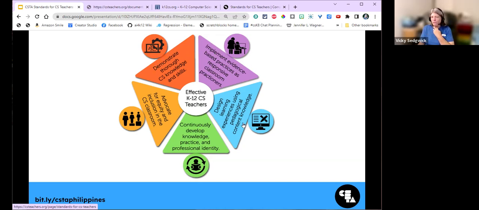So we came up with 5 broad groupings of these standards. Standard 1, which is about demonstrating your CS knowledge and skills, ties directly in with the student standards. Because what we say in Standard 1 is that you as a teacher should be comfortable teaching and helping your students meet all of those student standards for the grade that you teach.